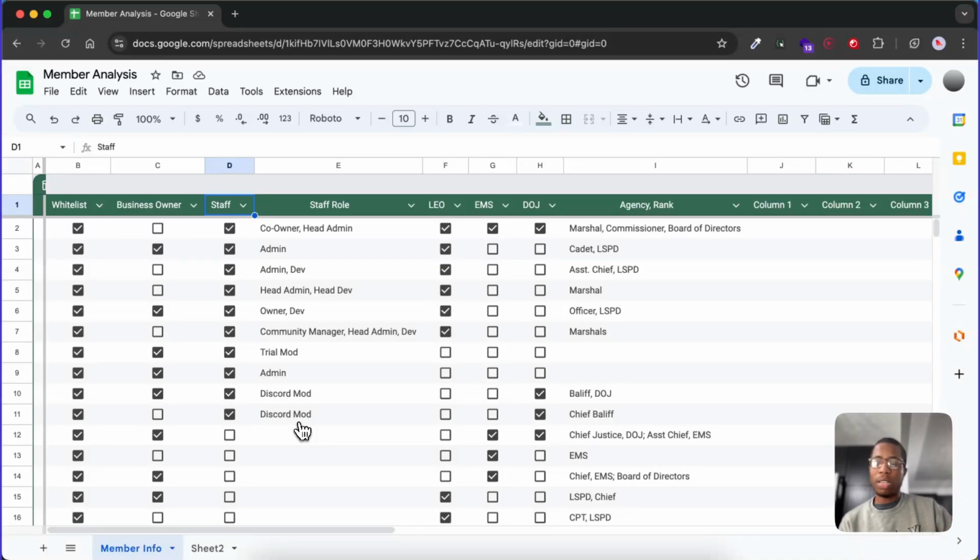For example, you have this individual. I'm not saying this individual is doing a bad job, but this individual is a community manager, which in a FiveM community is a pretty big deal. Well, in any online community, being a community manager is a pretty big deal. They're also a head admin, which is another hefty role.